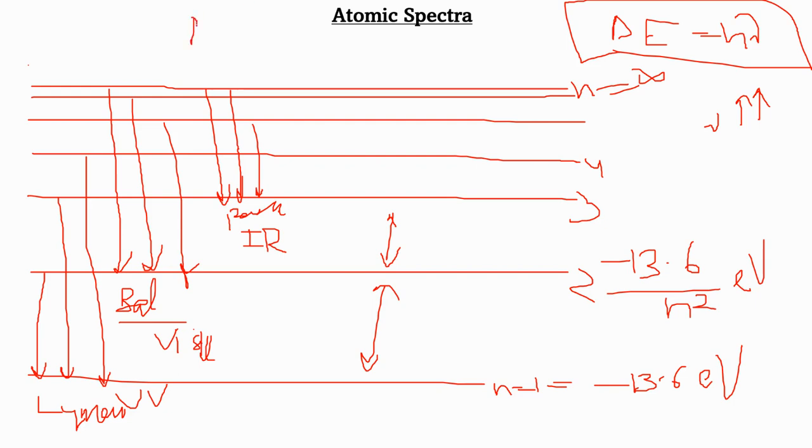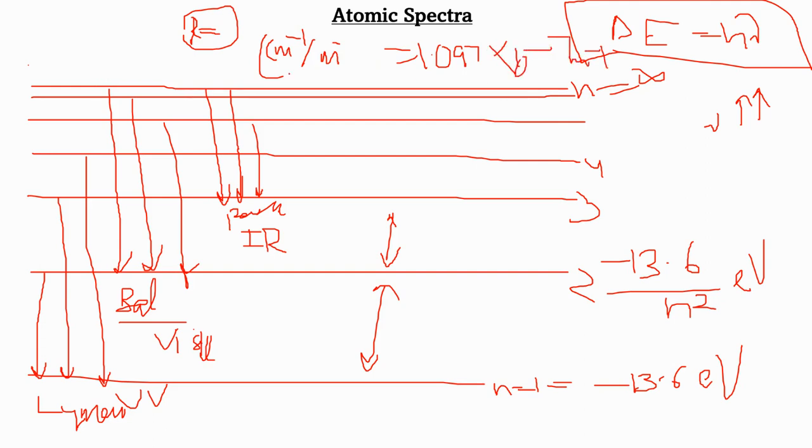We also did some problems related to the Rydberg constant. Its unit is centimeter inverse or meter inverse, and its value is 1.097 into 10 to the power 7 meter inverse.